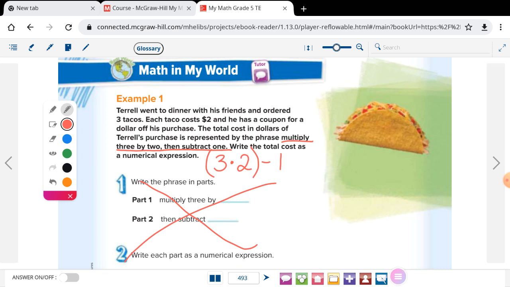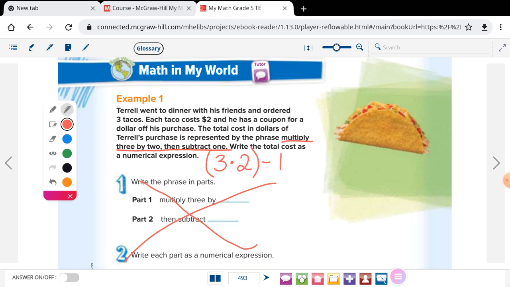But even if we just followed the order of operations, would we multiply first or would we subtract first? Multiply first. But if it says words like first do this, then do that, go ahead and put in your parentheses just to make sure. Because like the one we did over there, the parentheses really didn't matter, but sometimes do they matter? Yes. Okay? So let's just put them there just to be safe.